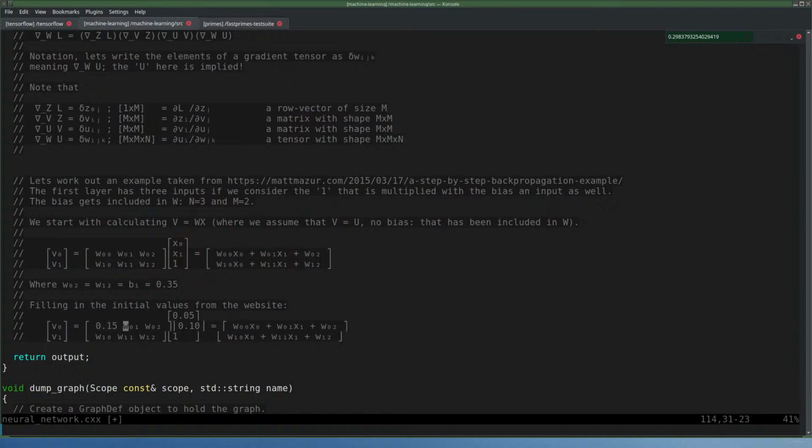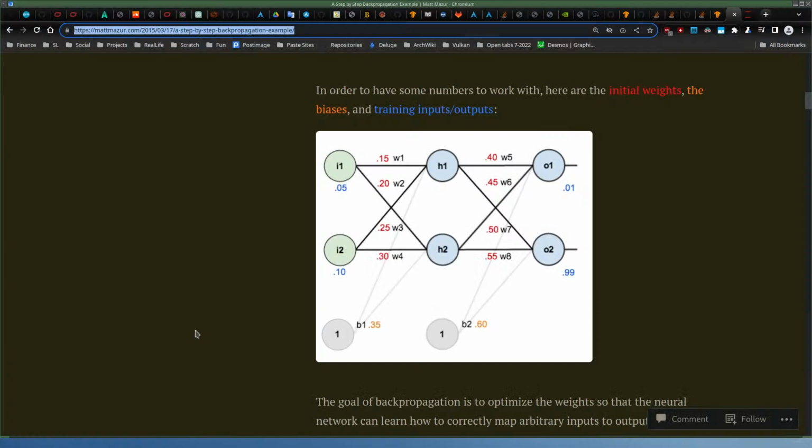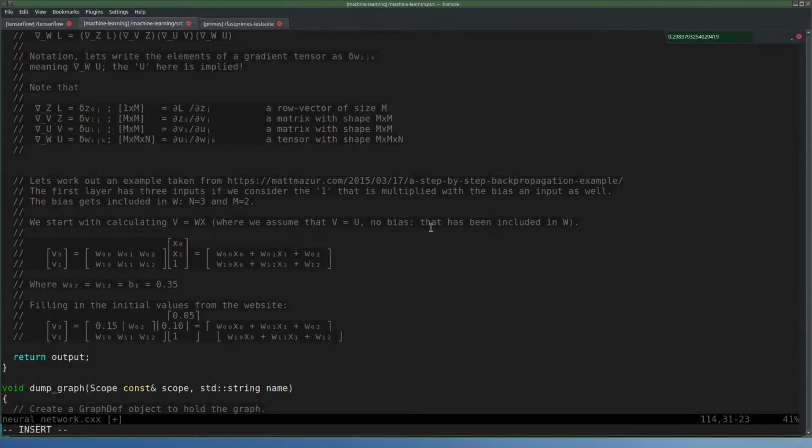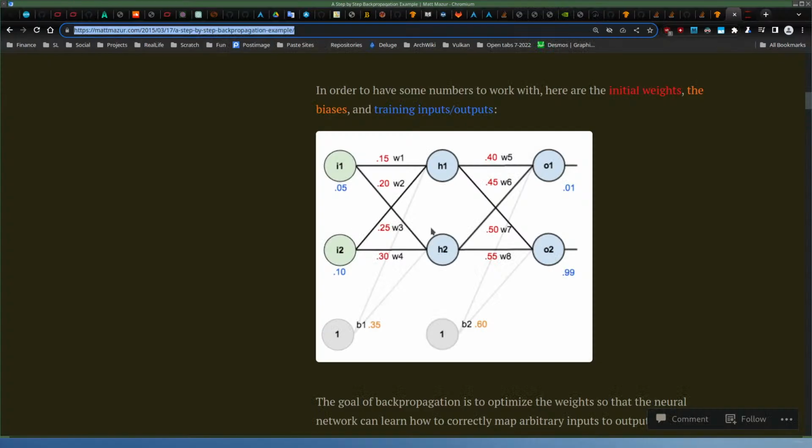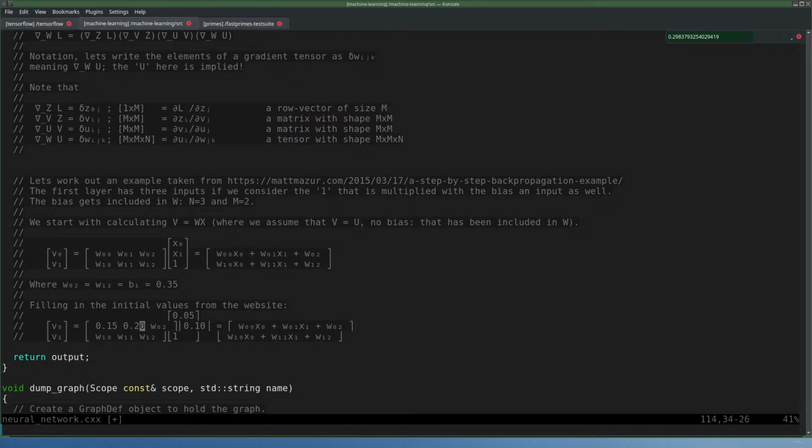And then that one is what gets multiplied with the 0.1 for the contribution of the top output to this thing times that one, right? 0.2. So put 0.20 there. And this is then 0.35.